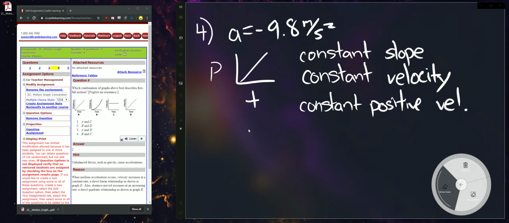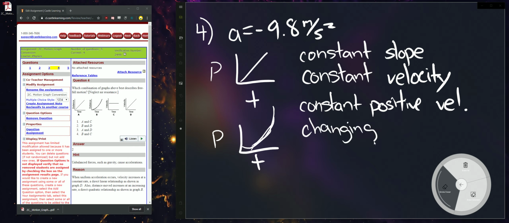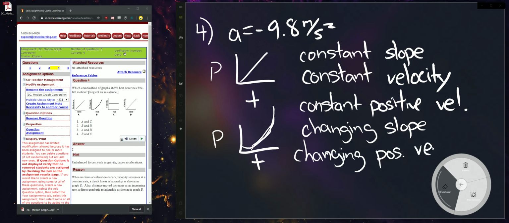Let me not delete that for a second. Choice B, this is PT again. This is a changing slope, and its slope is still positive, so we can say it's a changing positive velocity. Okay.